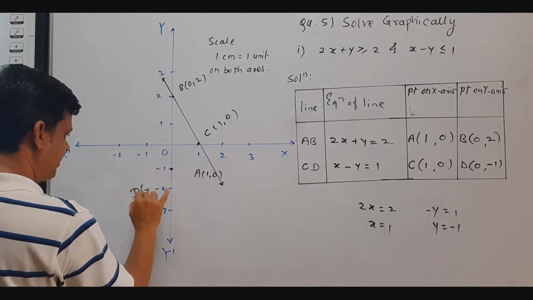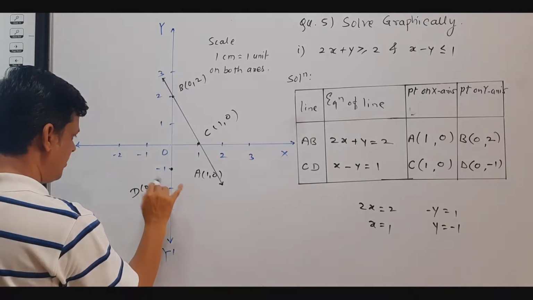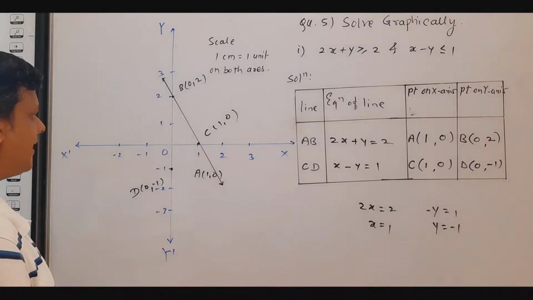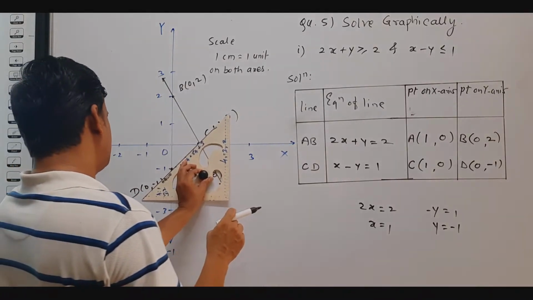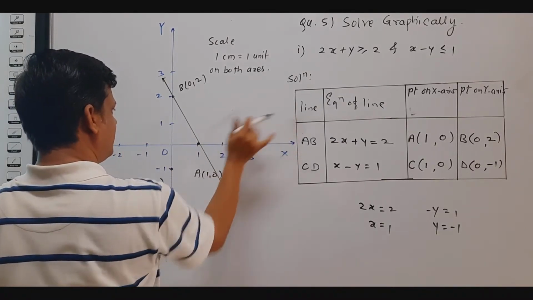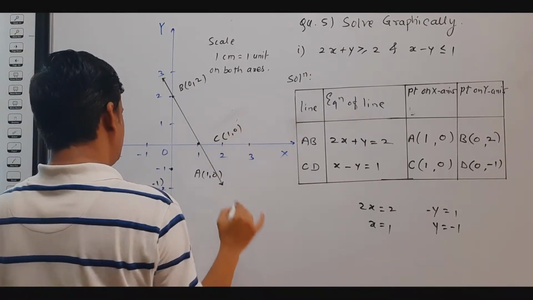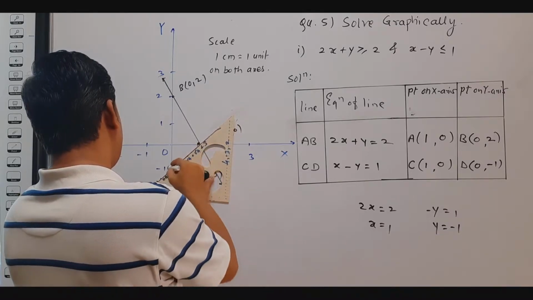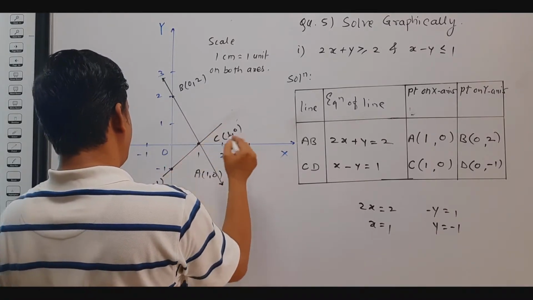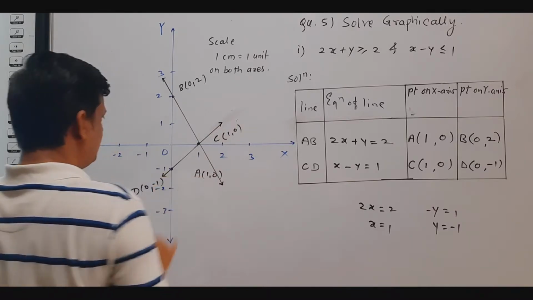I write here the coordinate of point D as (0, -1), and the line passes through these two points, C (1, 0) and D. We require the line passing through these two points.